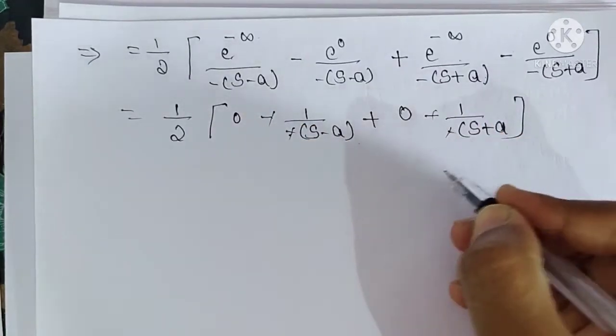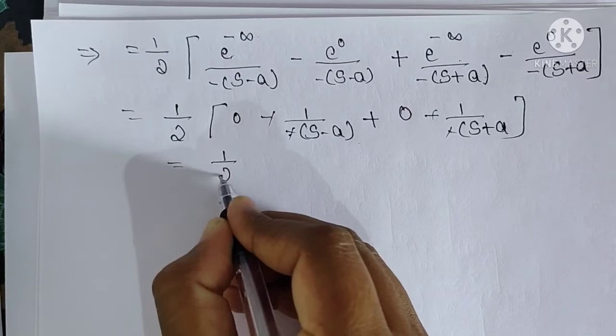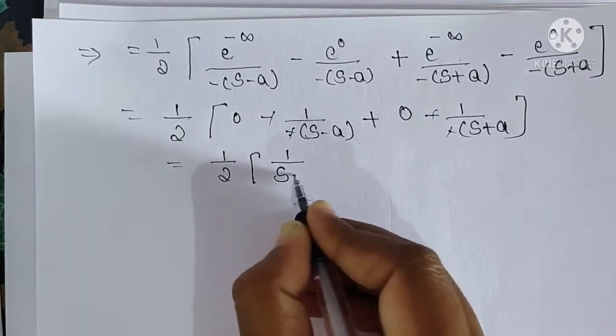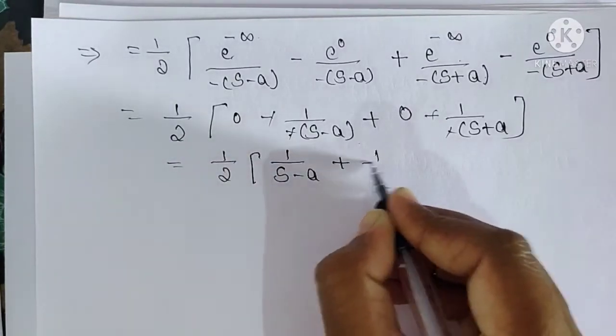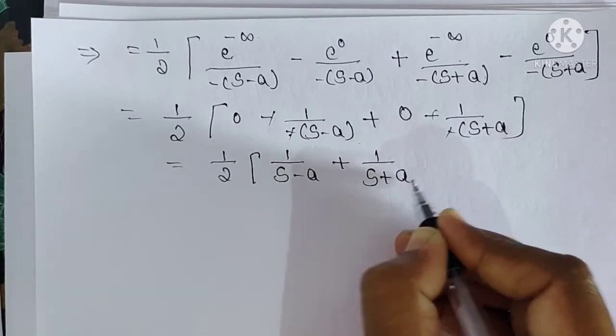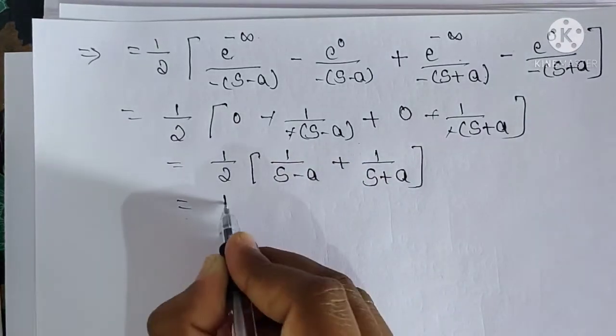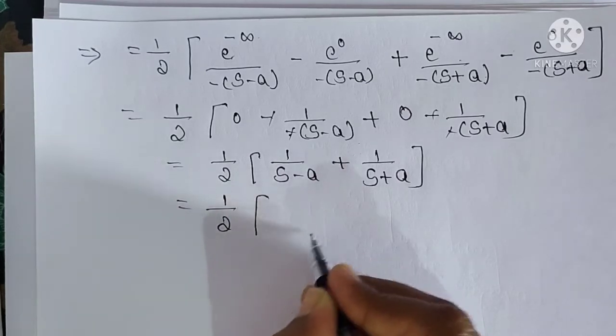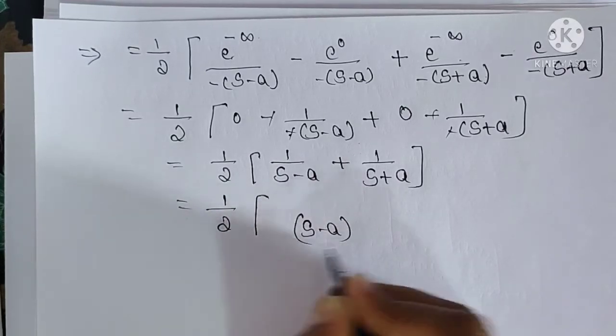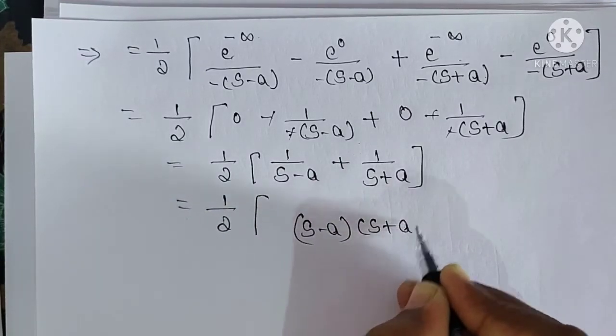Minus gets cancelled, minus gets cancelled, we get remaining 1 by 2 into 1 by s minus a plus 1 by s plus a. You take the LCM, 1 by 2 as it is, s minus a into s plus a is the LCM.